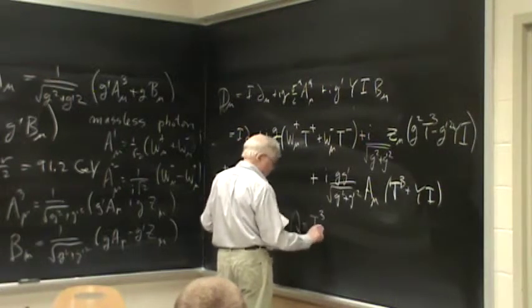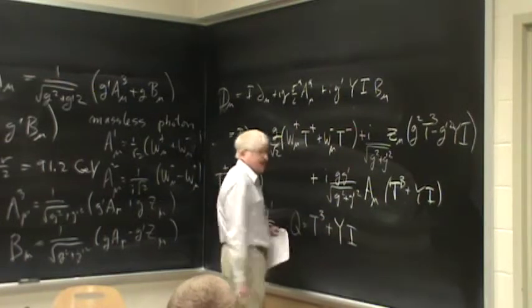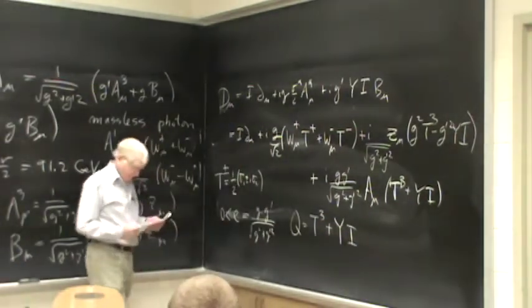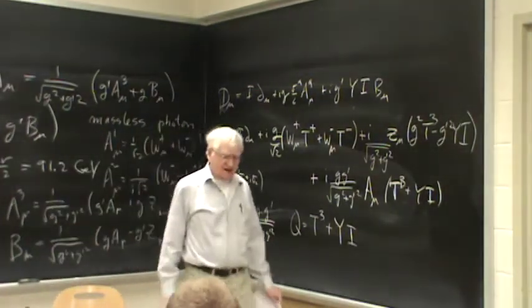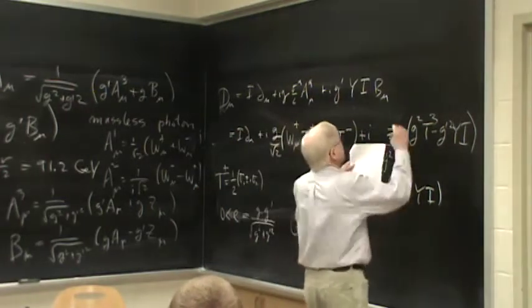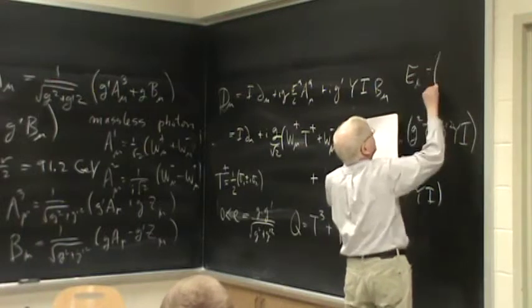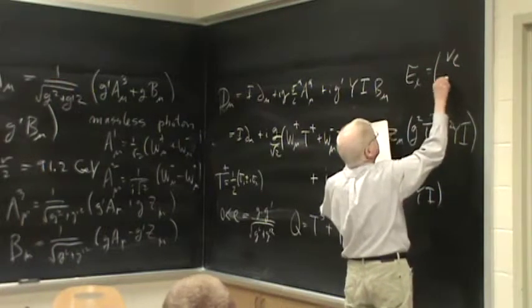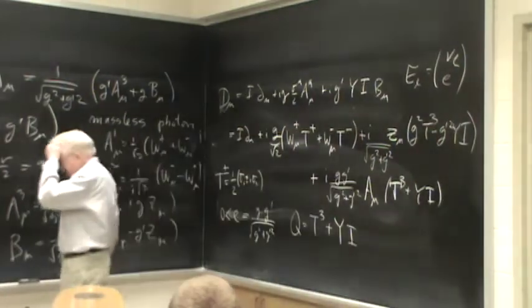And it's T3 plus whatever the Y quantum number is times the identity. And I've said we're acting on the doublets. If the doublets are leptons, then we typically call them e_L, nu_e, e.